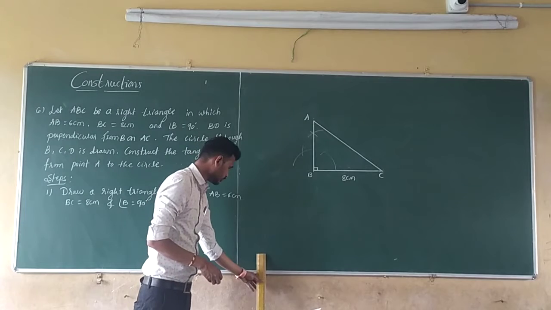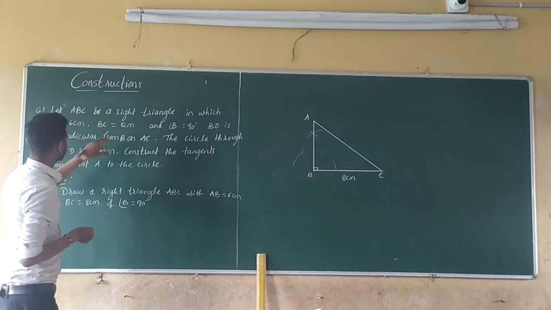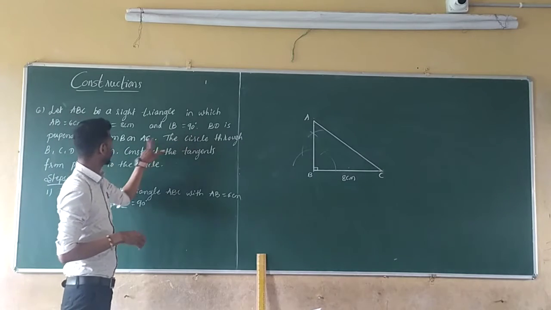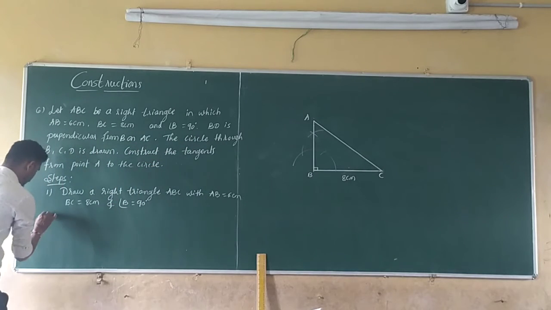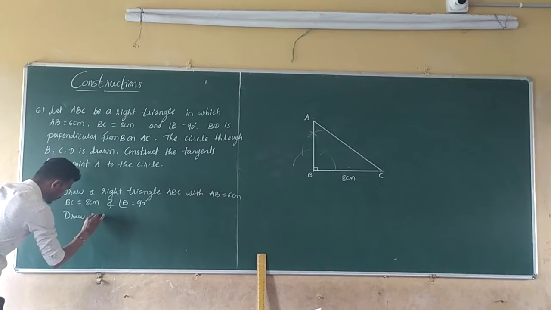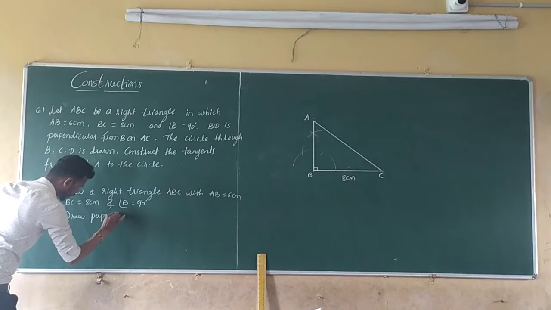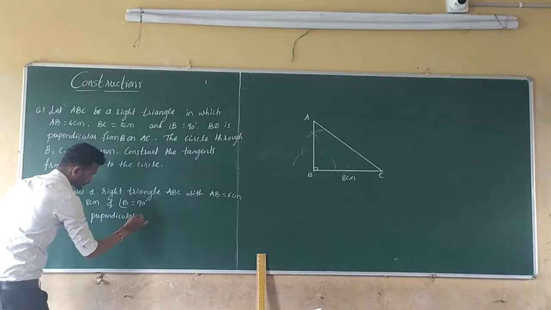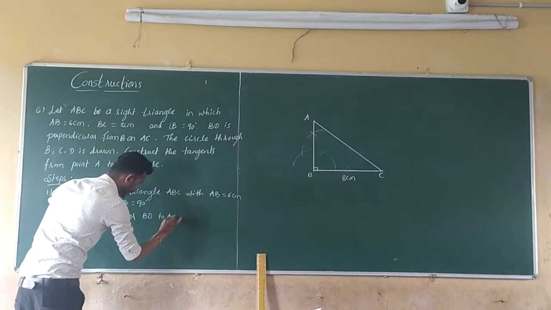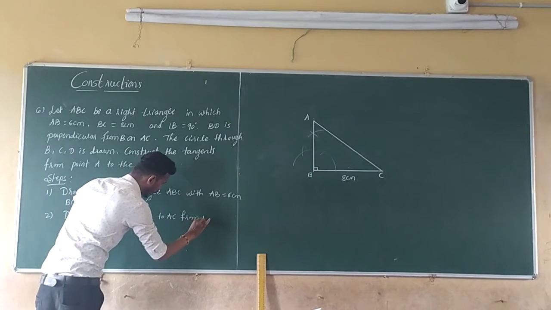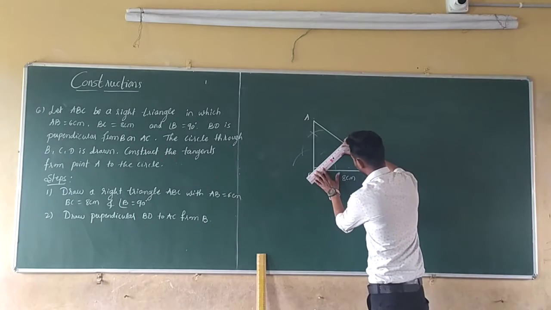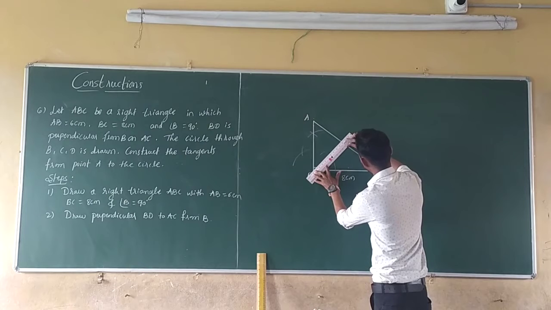And next step is, draw perpendicular BD to AC from B. So from point B, draw a perpendicular.